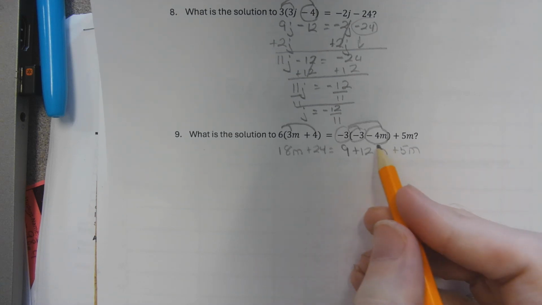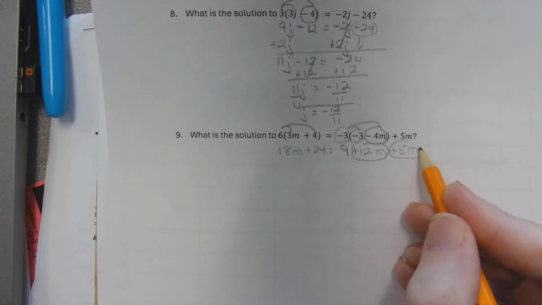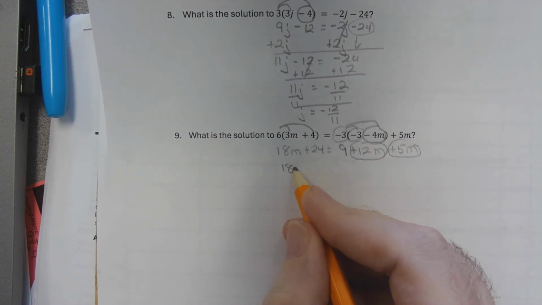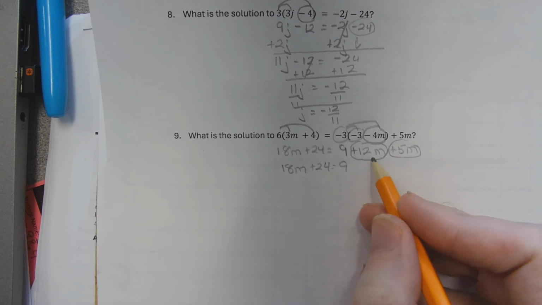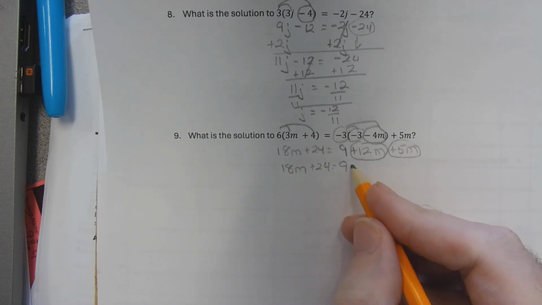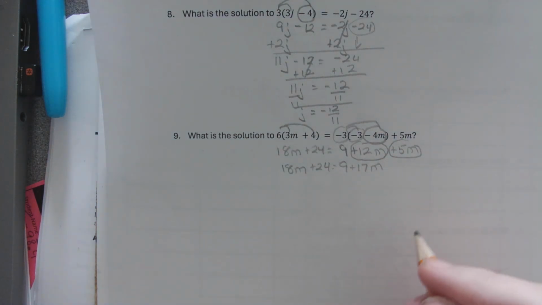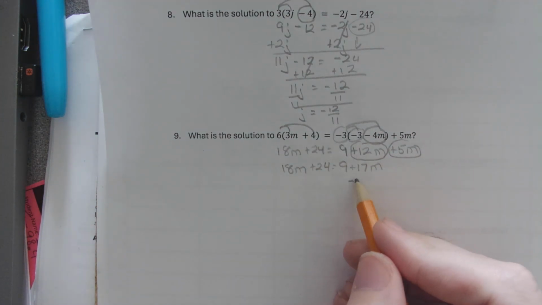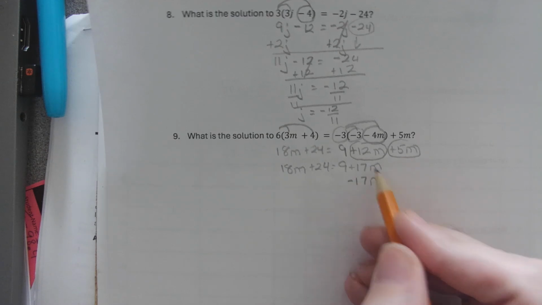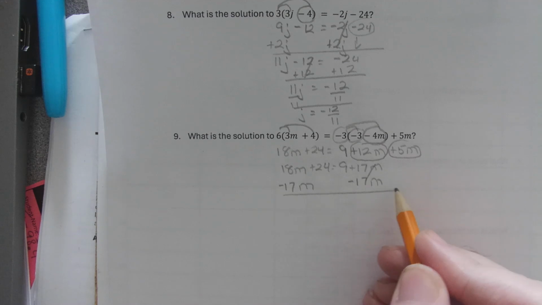Well, we have like terms on this side. We have positive 12m plus 5m. Twelve plus 5 is 17, so we have 17m's. And so now I'm going to subtract 17m's from each side so that all my m's are on one side.